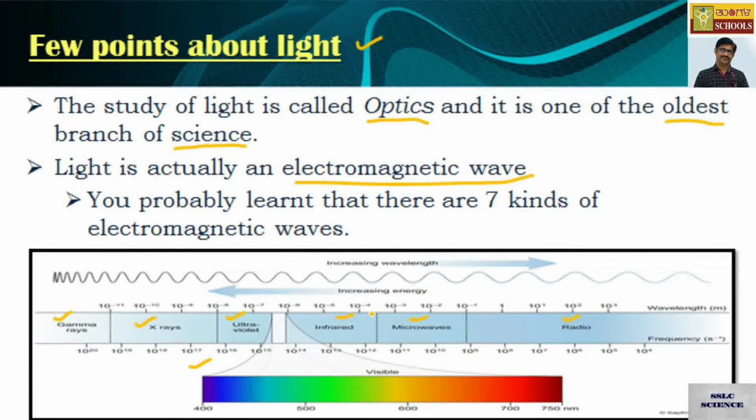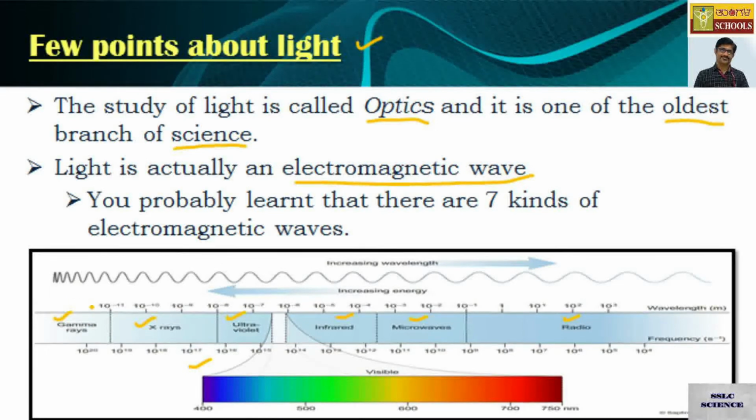These are the 7 kinds of electromagnetic waves, starting from gamma ray, X-ray, ultraviolet rays, visible light, infrared rays, microwaves, and radio waves respectively.